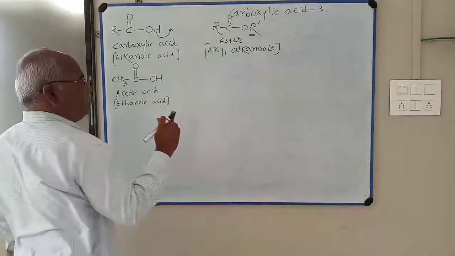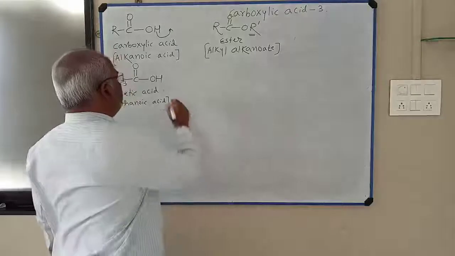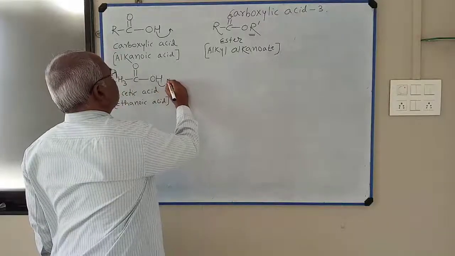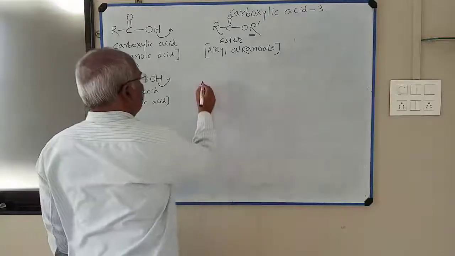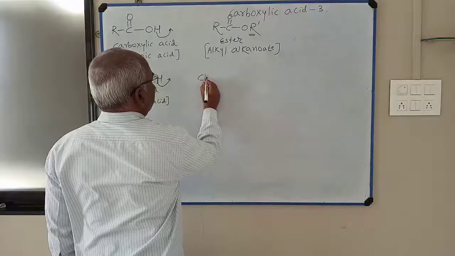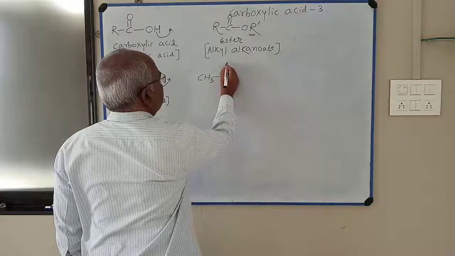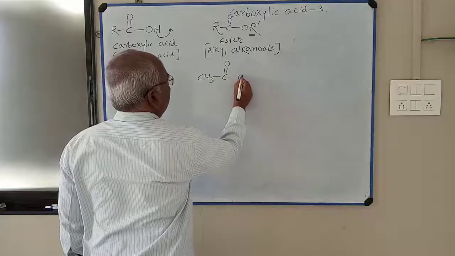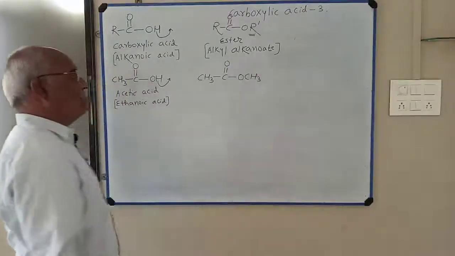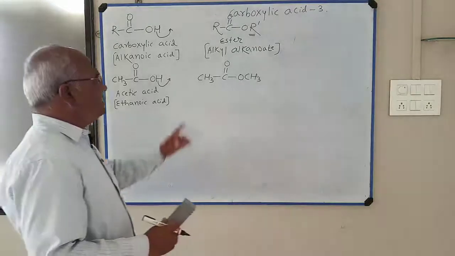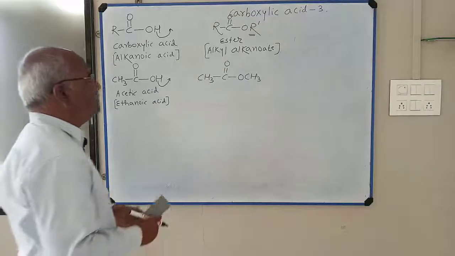Esters are derivatives of carboxylic acid. Remove hydrogen from the OH group and replace it by a methyl group: CH3 single bond C double bond O CH3. The question arises how to write the name of this ester. It is very simple.